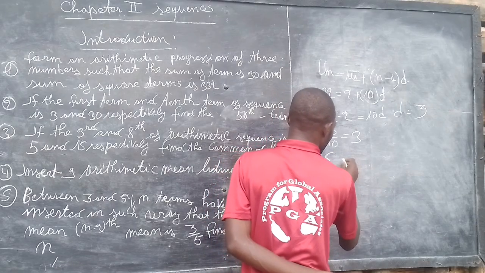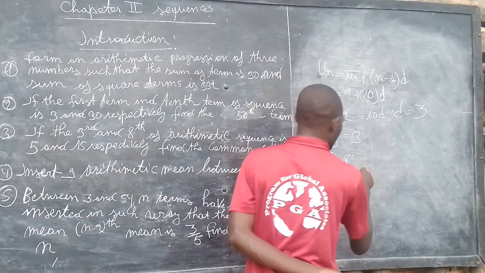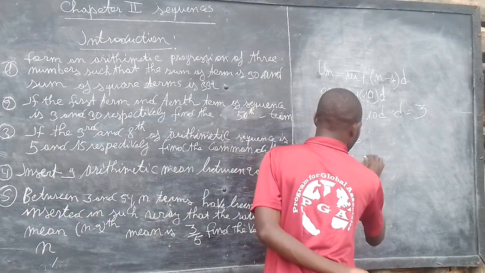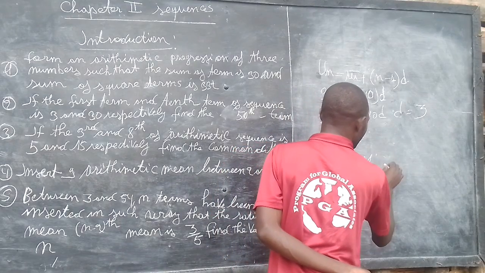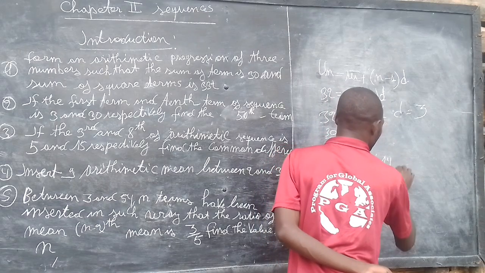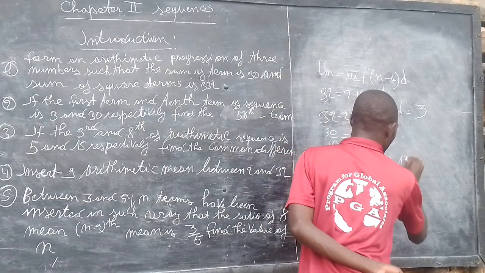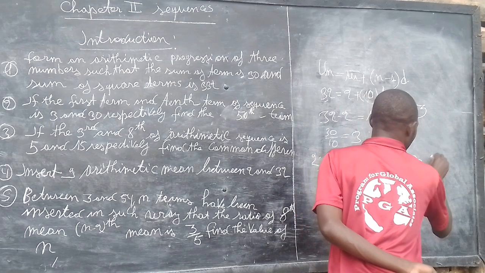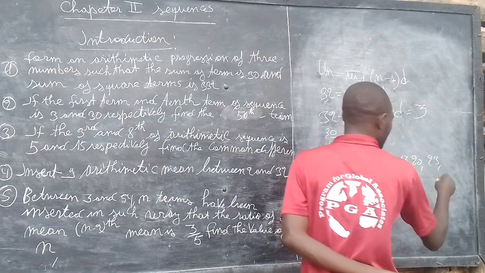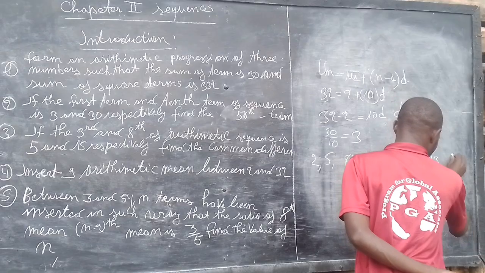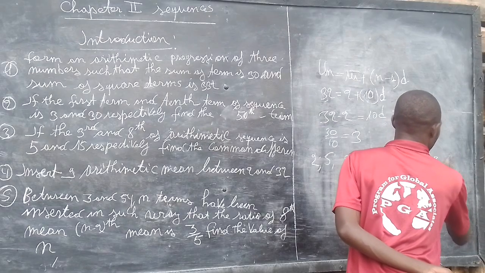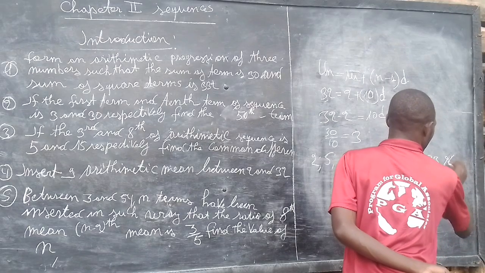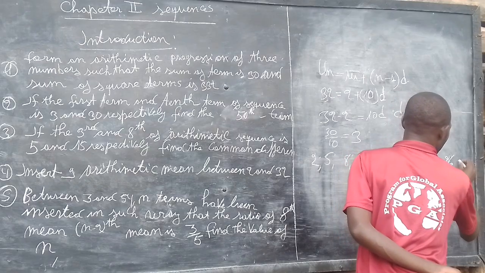Plus 3, we have 8. Plus 3, we have 11. Plus 3, 14. Plus 3, 17. Plus 3, 20. Plus 3, 23. Plus 3, 26. Plus 3, 29.